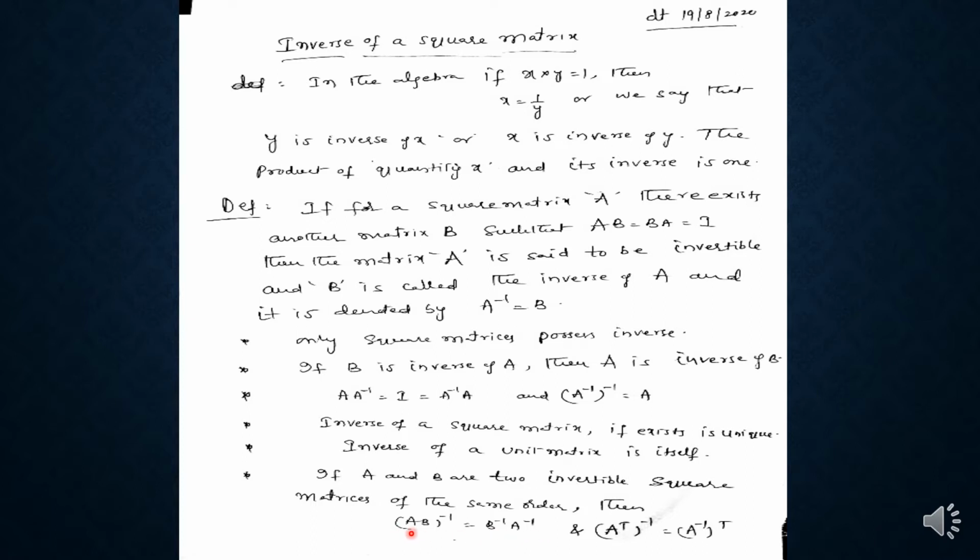The product of AB will give some resultant matrix. The inverse of the resultant matrix is equal to the individual inverse matrices, B inverse into A inverse. And (A transpose) whole inverse is equal to (A inverse) whole transpose.